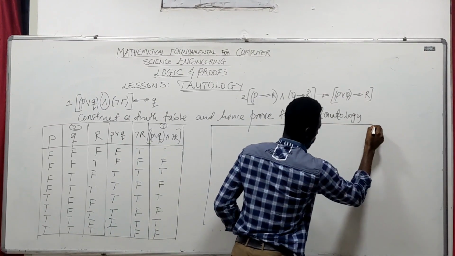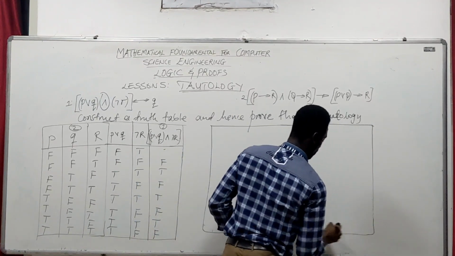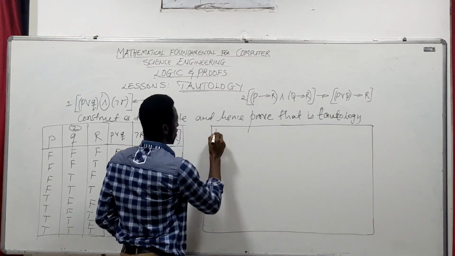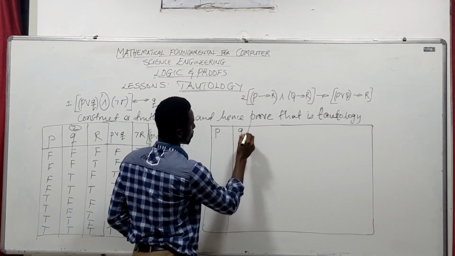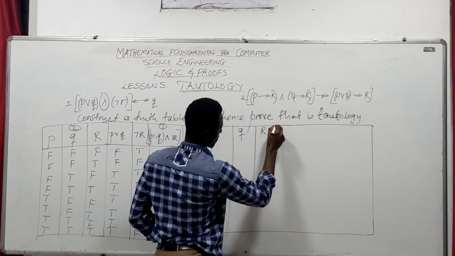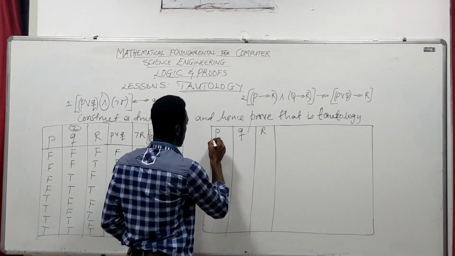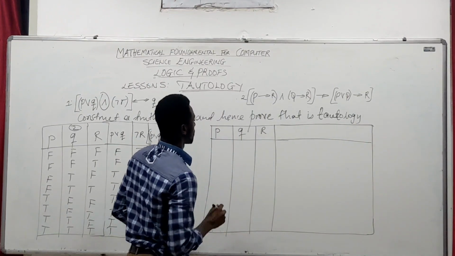So we start by constructing our truth table. First we have P, Q, and R. Okay?